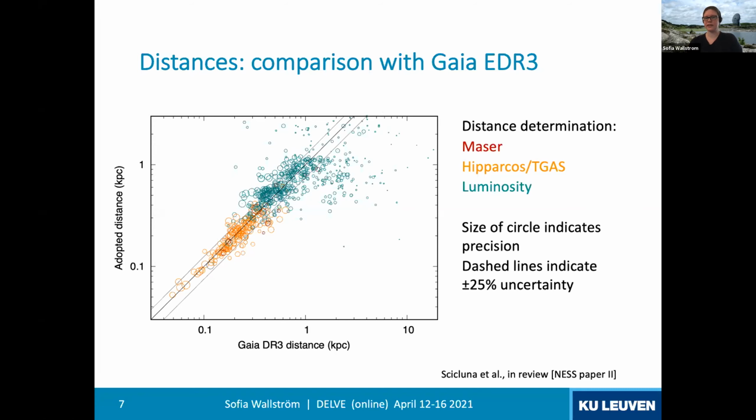The size of the circles indicates the precision of the Gaia measurements. So a lot of these scattered points at large distances don't have very high precision from Gaia. So we feel justified in using our distances. But as the Gaia solutions improve, we will move our sources between tiers as necessary to reflect their adjusted distances.